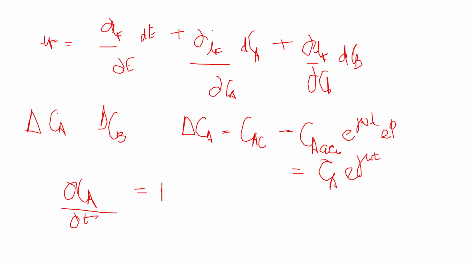This is already known. We'll substitute for what CA is in terms of CA bar e raised to j omega t. This part is already done, and if I simplify it, I'll get something of this form.